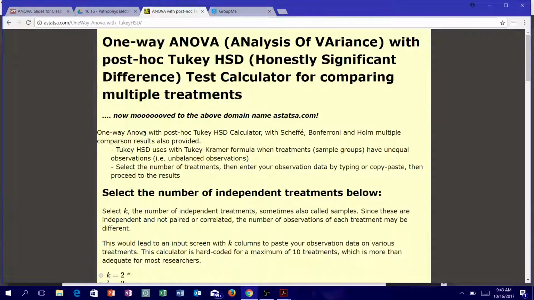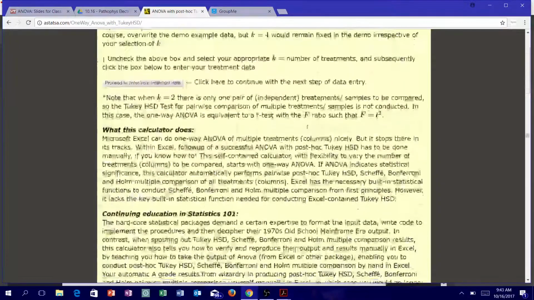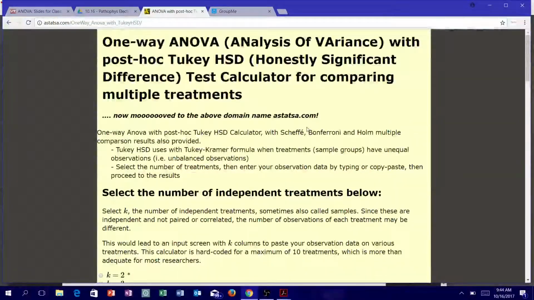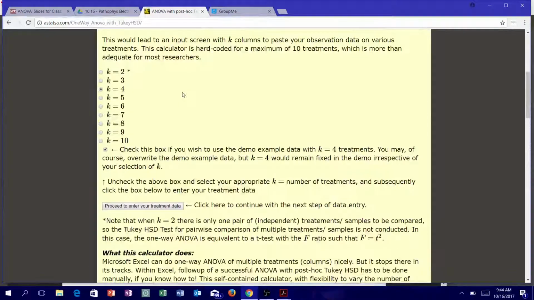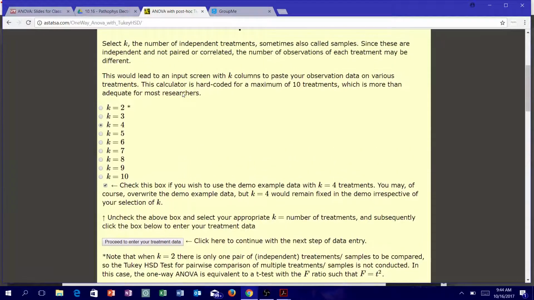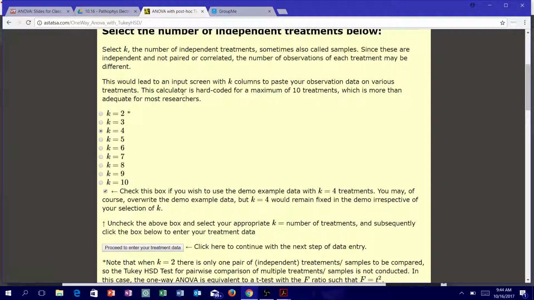So what do you basically do? How do you adjust the alpha level now? You basically divide the alpha level that we know, which is 0.05, or whatever alpha level you have used originally, by the number of comparisons. So you divide 0.05 by 3, and that would be your new alpha level. How about if we had 4 groups?